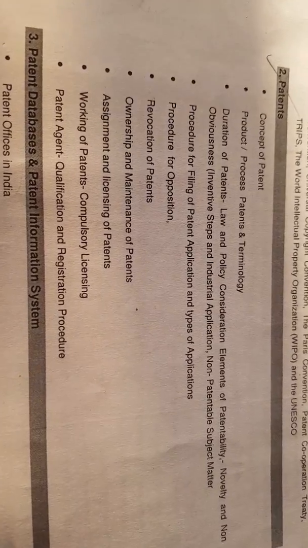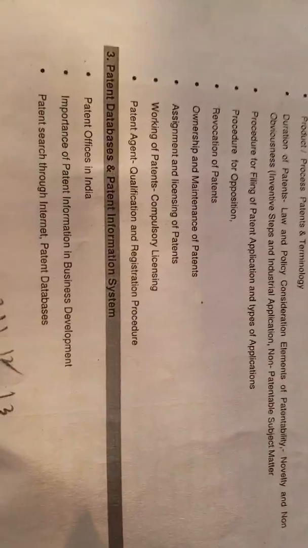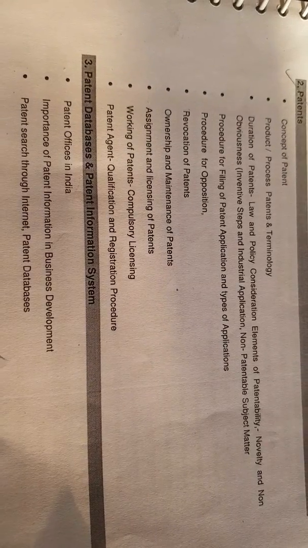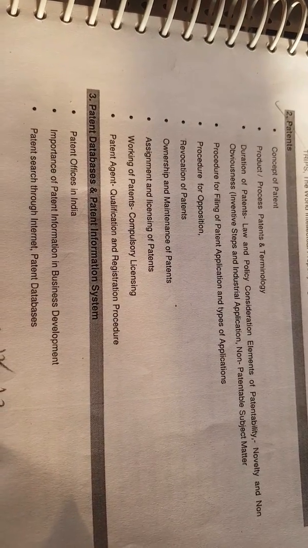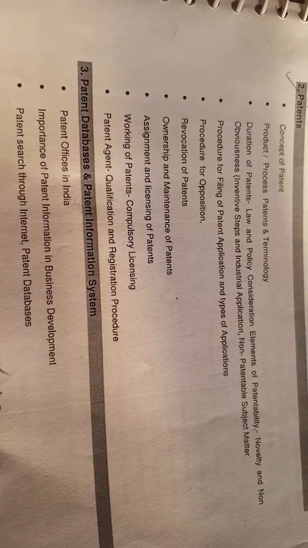The patent chapter itself describes the concept, the process, the procedures, the patent agent and how you can become a patent agent, the offices, the information, the database, the preparation of documents and how to apply for it, and the recent developments in patent. The patent chapter is important, but as a student, when we open the book, it seems very boring. So read it once and make smaller notes.